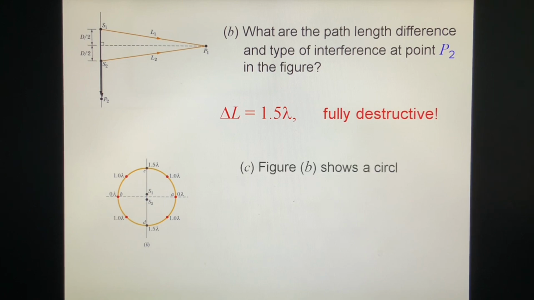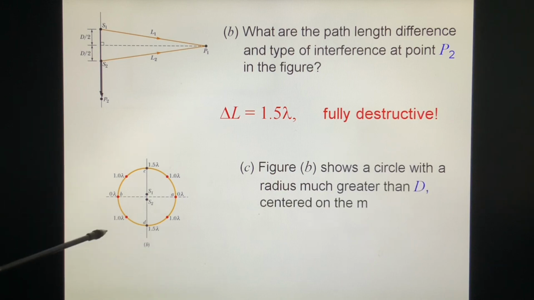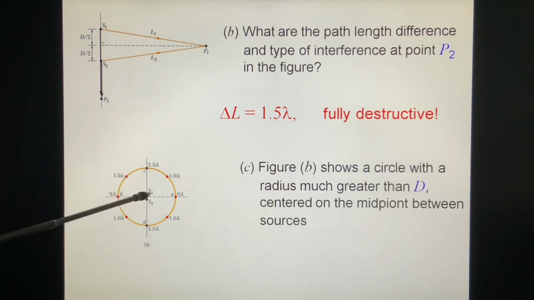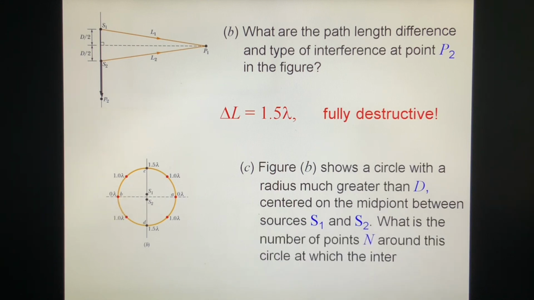Question C. The figure shows a circle with a radius much greater than d, centered on the midpoint between the sources S1 and S2. How many points on the circle have fully constructive interference?